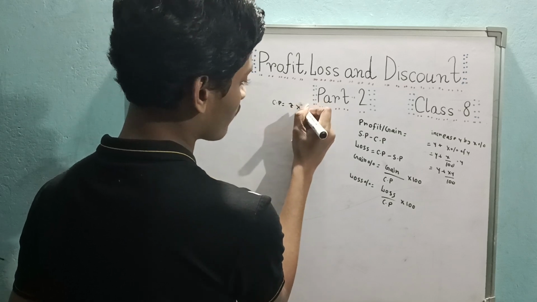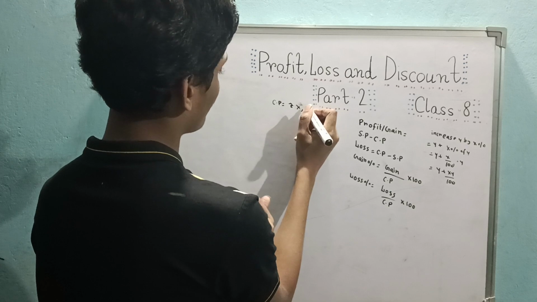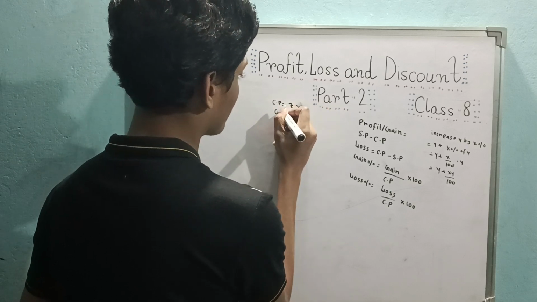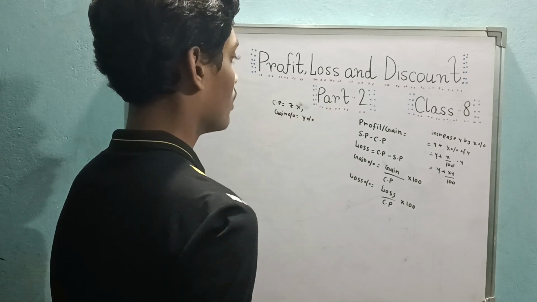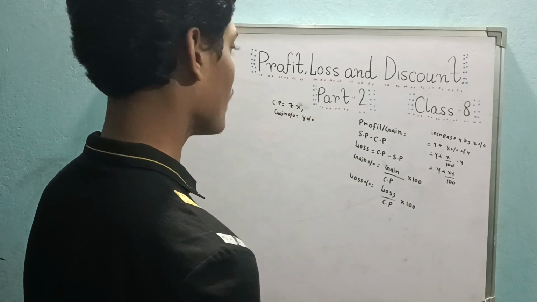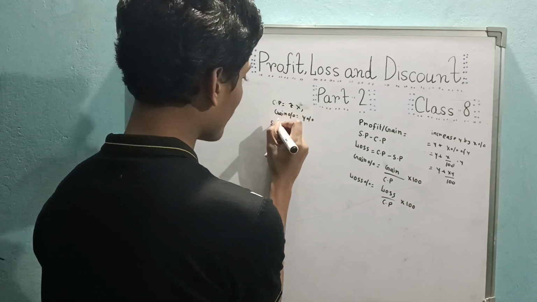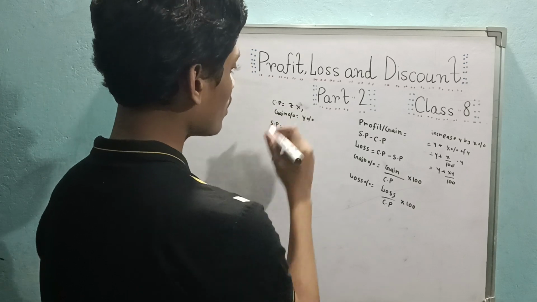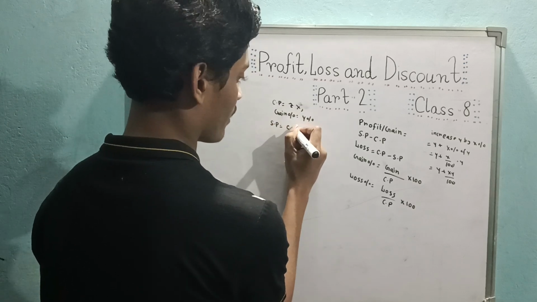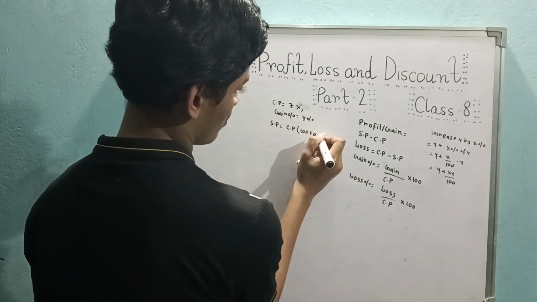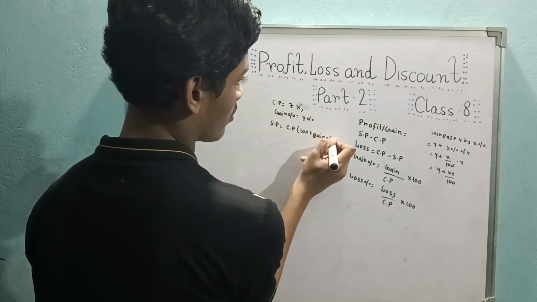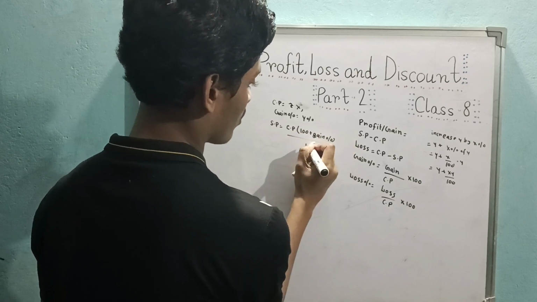cost price equal to rupees x, and your gain percent equal to y percent, suppose. Then what is the selling price? You know, selling price equals cost price multiplied by 100 plus gain percent by 100.